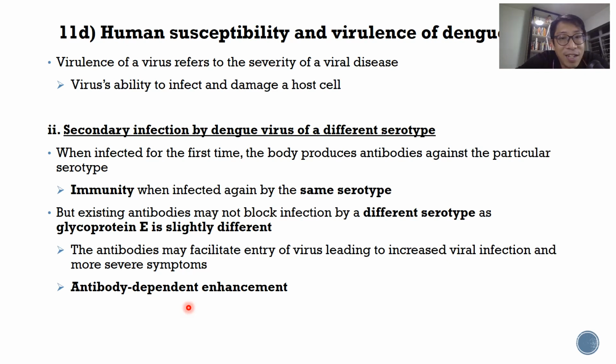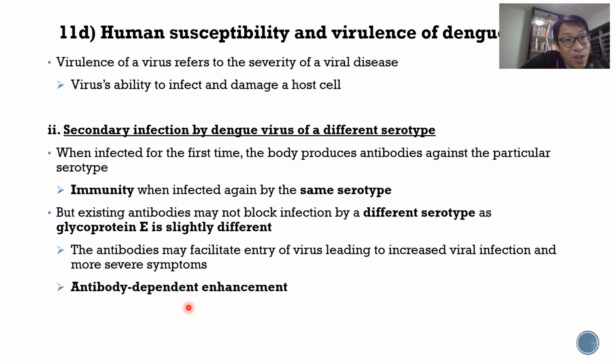Slightly different. So there may be chances that the antibodies that you have against serotype E1 are still able to bind to the virus of serotype E2. So it can still bind, it can still tag the virus and tell the immune cells, this is a virus, come and eat.